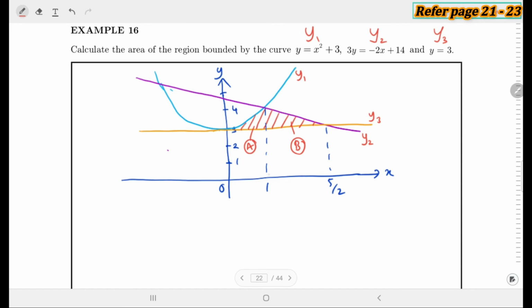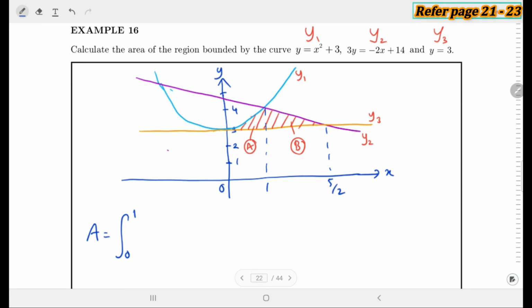Because in every single part there are limited functions involved. For part A, only two curves are involved, the blue one and the orange one. When we look at part B, the curves involved are only the orange one and the purple one. So I am taking the beginning point from 0 to 1.